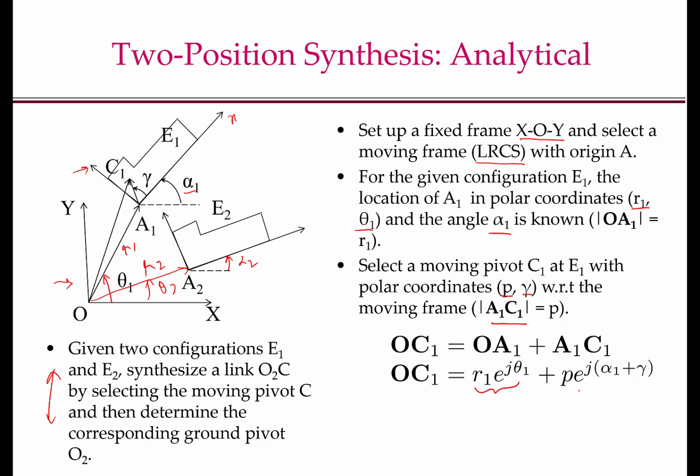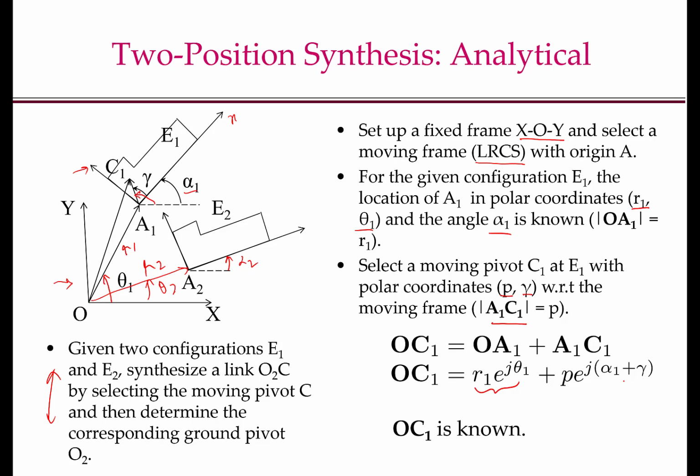Similarly, A1C1 is p e to the power of j (alpha 1 plus gamma) because the length of A1C1 is p and the angle that A1C1 makes with the x-axis of the global frame or GCS is alpha 1 plus gamma.